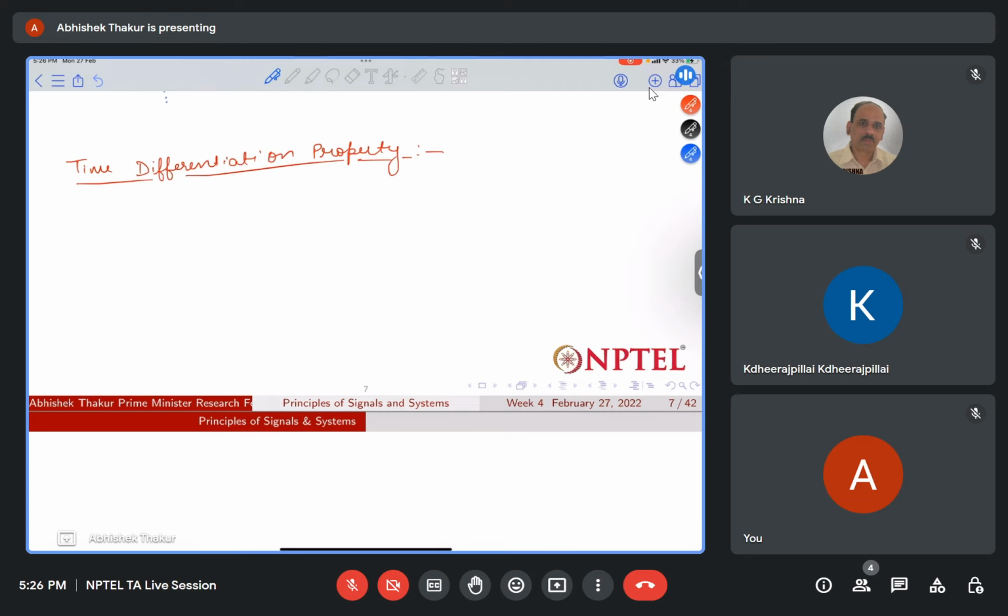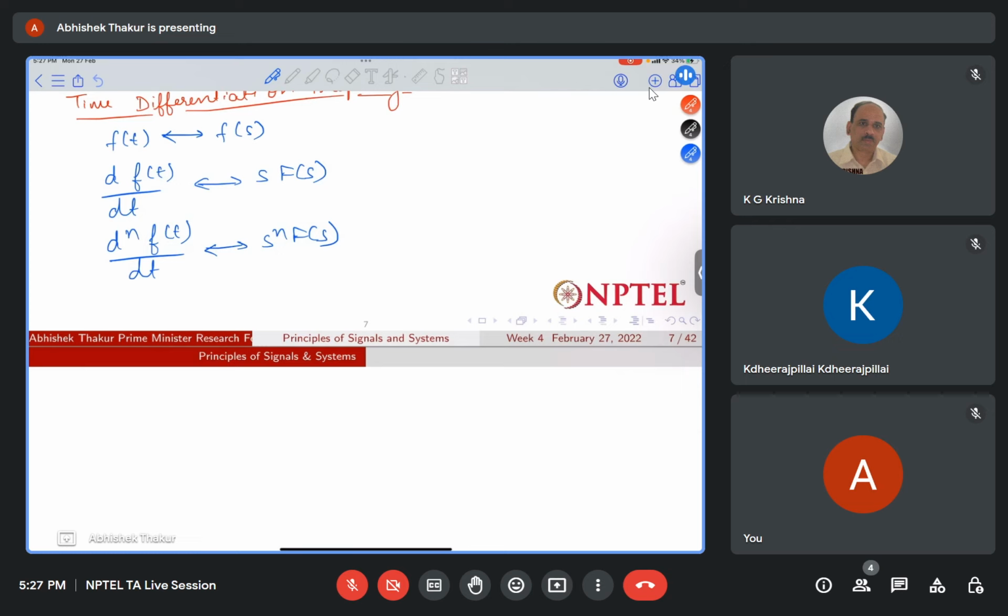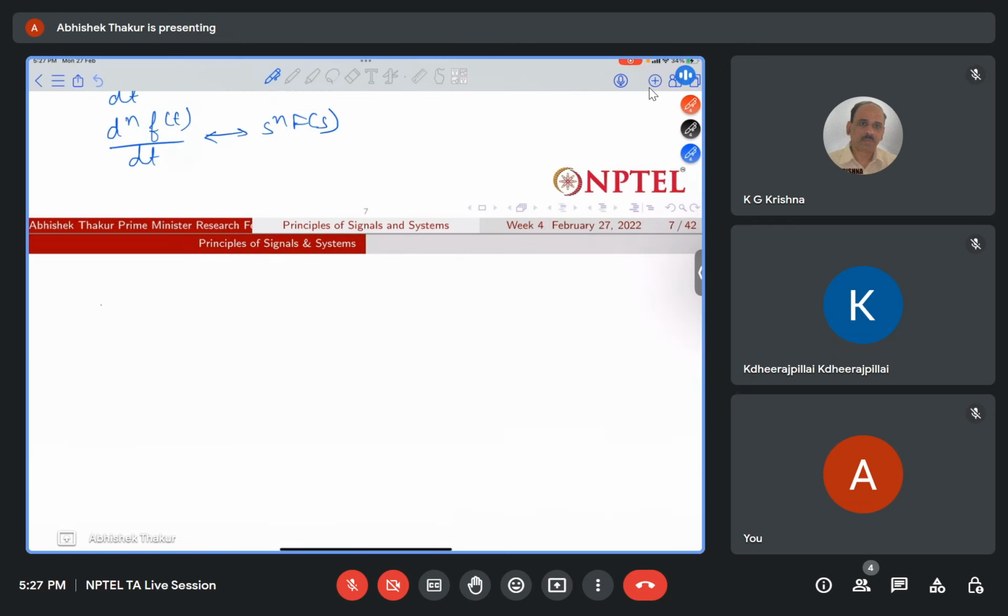If the Laplace transform of f(t) is given as F(s), then when we differentiate f(t) with respect to time, the Laplace transform will be sF(s). And if you differentiate it n times, then it will be s to the power n F(s).